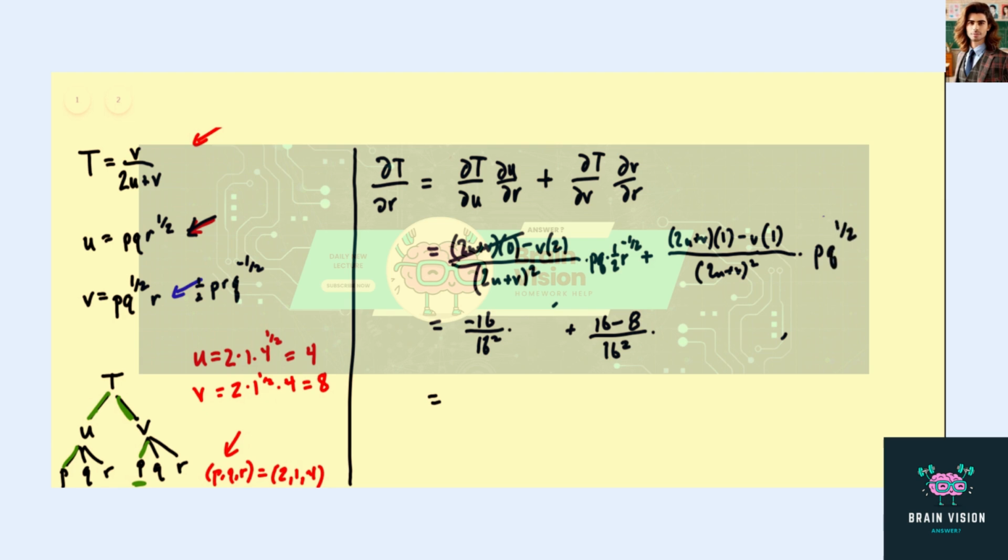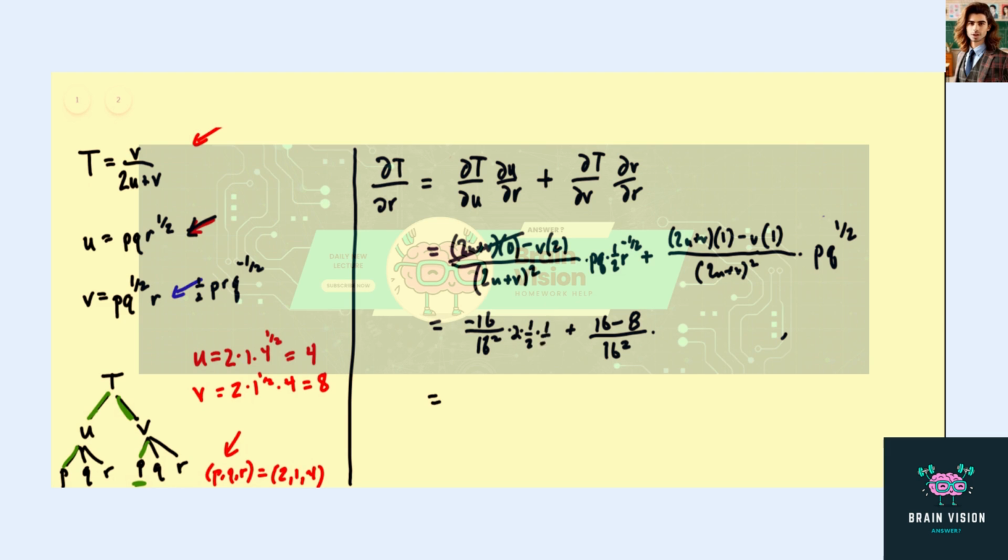Okay, so plug in as before. P times Q, 2 times 1, just 2, times a half, times R to the negative 1/2. R is 4. So 4 to the negative 1/2 is 1 over the square root of 4.